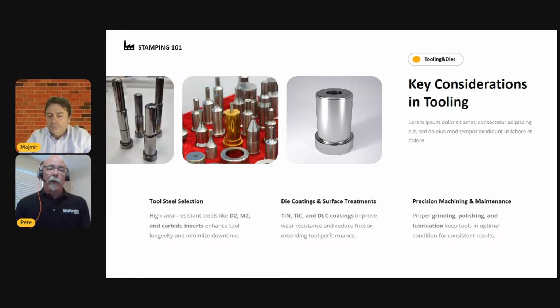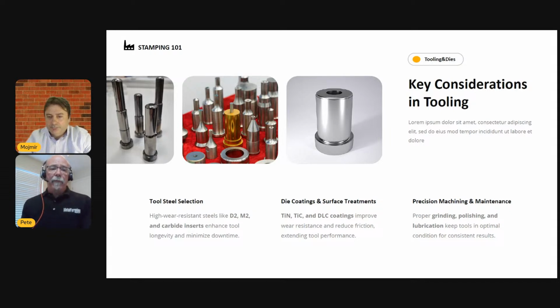So a lot of things that I'm going to be talking about from here comes right out of that 2-day seminar. We spent a lot of time talking about these key tooling considerations, and one of the considerations is tool steel selection.